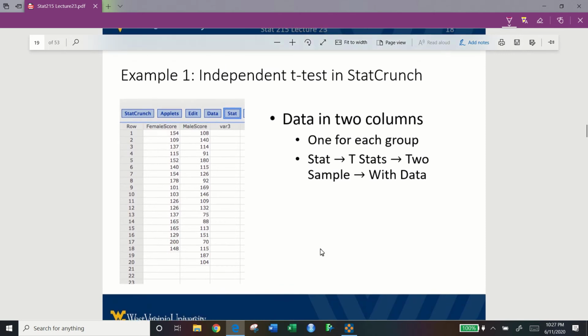So now let's conduct our independent t-test. One method of doing this is in StatCrunch. If we load the problem, we will have our data in two columns, one for each of our groups, male and female. Using StatCrunch, we can go to Stat, T Stats, Two Sample, With Data.